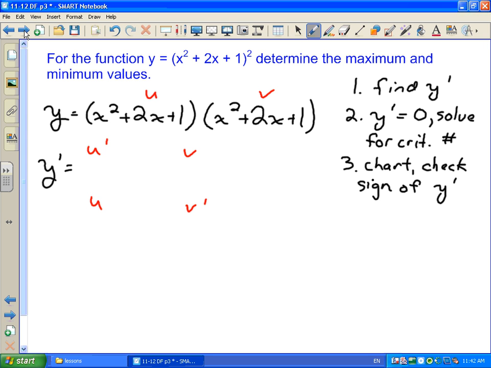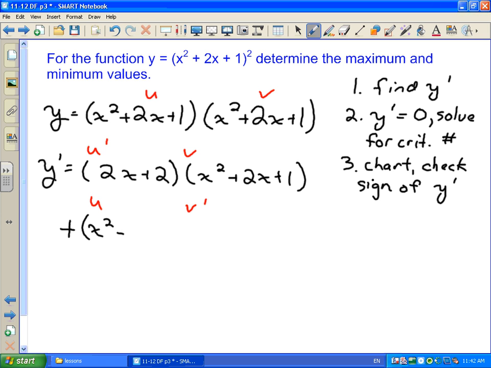Okay, so let's take the derivative of u. That is just going to be 2x plus 2. And we're going to multiply it by v, which is our x squared plus 2x plus 1. To this, we are going to add our original function u, x squared plus 2x plus 1.